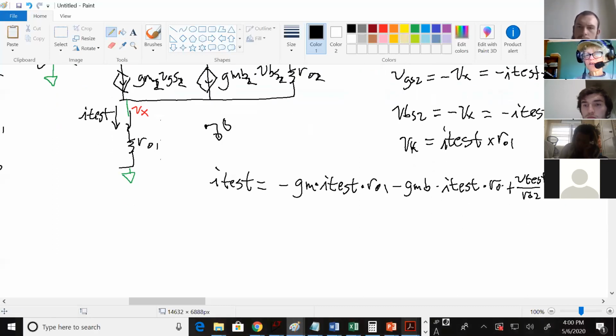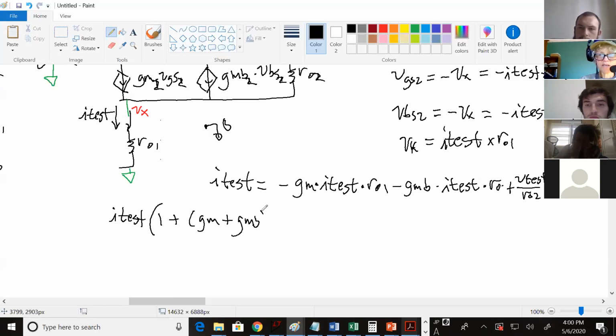Okay, so then you want to take all the I tests to one side. So this is I test. So I test times 1 is I test. And then when you move these over, the minus sign goes away. So you have GM plus GMB times I test RO1, I think, and the other I test plus RO1 over RO2.